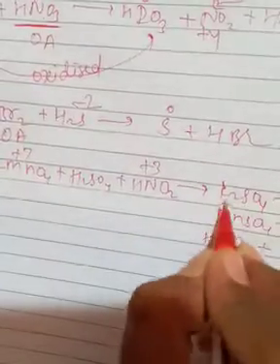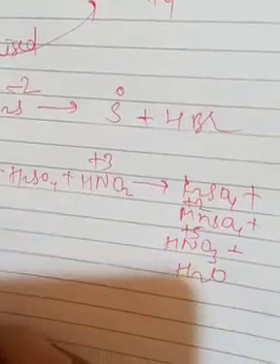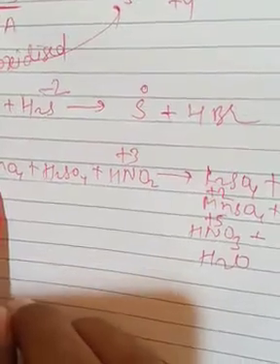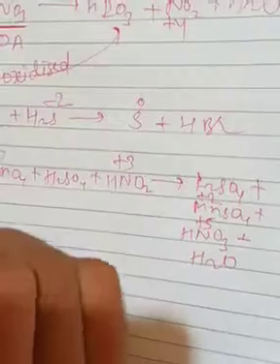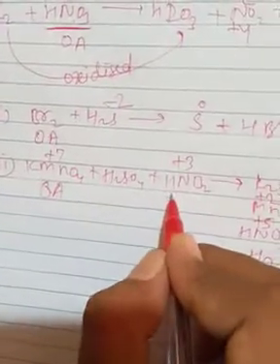In KMnO4, Mn is in +7 oxidation state and is getting reduced to +2. Means it acts as oxidizing agent and oxidizes +3 nitrogen into +5 nitrogen.